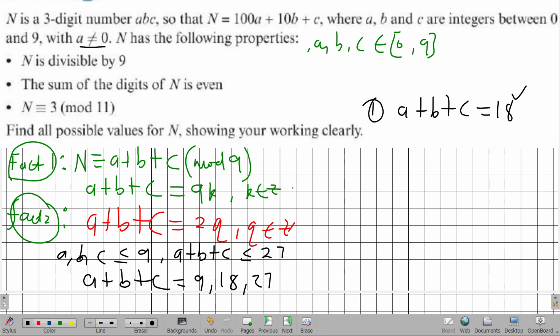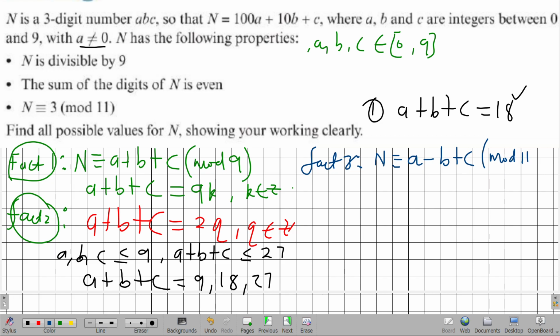When we get to fact 3, we just write it here. Fact 3 says n is congruent to 3 under mod 11. So when we look at n originally, if I divide 100 by 11, I get a remainder of 1. So we are saying n is congruent to a. If I divide 10 by 11, I get a minus 1, so minus b plus c under mod 11.